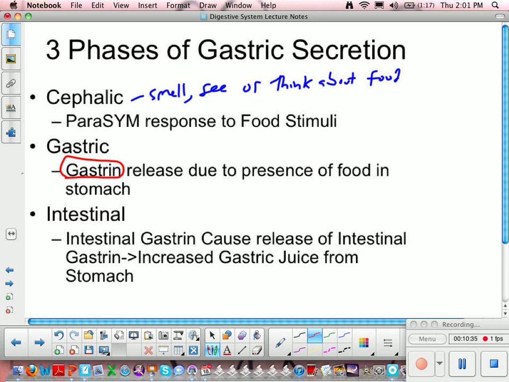And then the intestinal phase is when the chyme moves from the stomach into the small intestine, due to the increased gastric juice from the presence of food in the stomach. So those are the three phases of gastric secretion. So I'm going to stop this now, and then we'll pick up with slide 21.